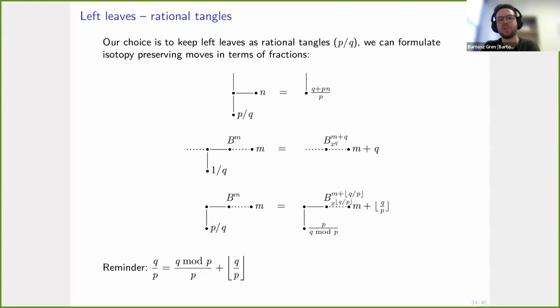So the first graph over here is just removal of the left child. The next one is a twist, and the last one is a flip with a twist.